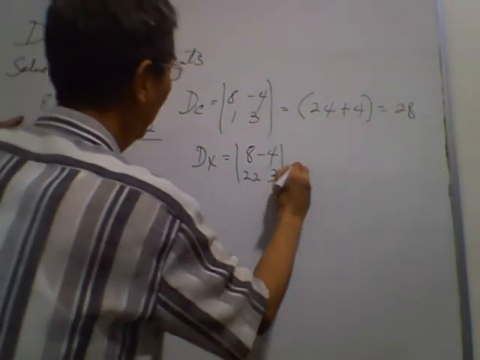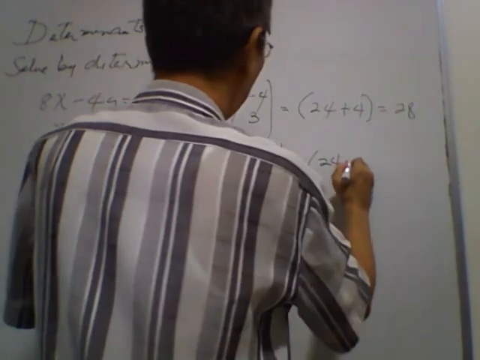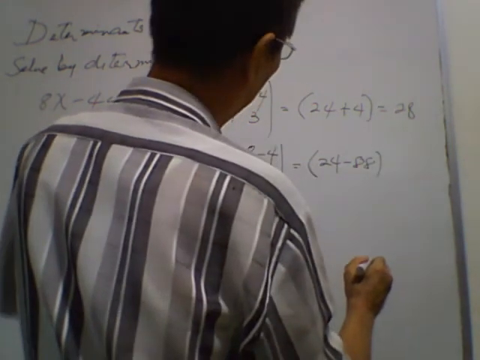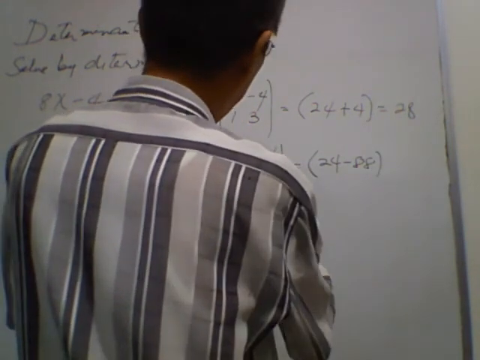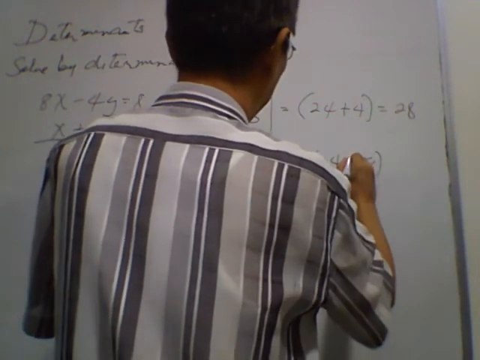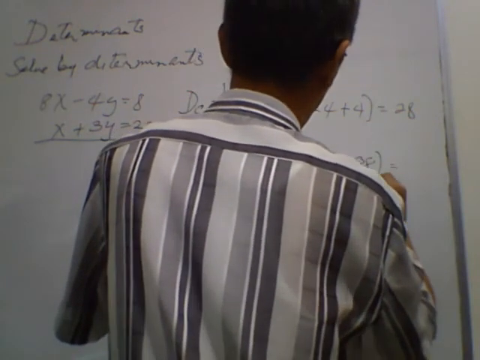So that will be equal to 24 minus -88, so positive, that is 112.